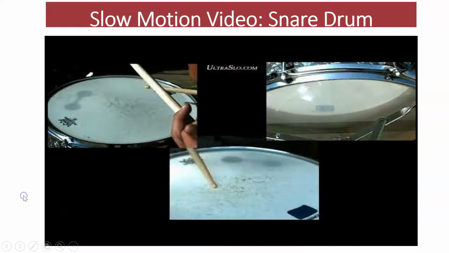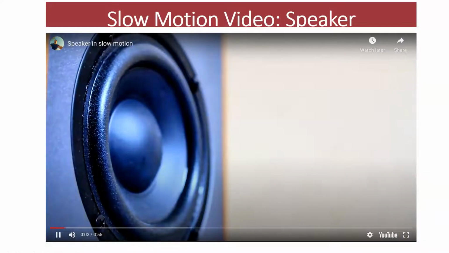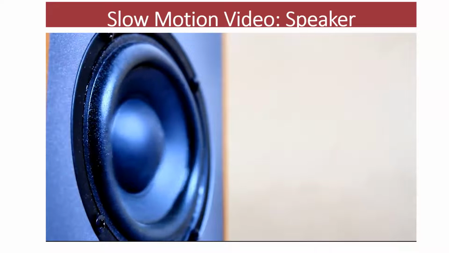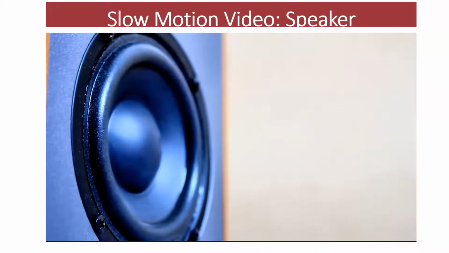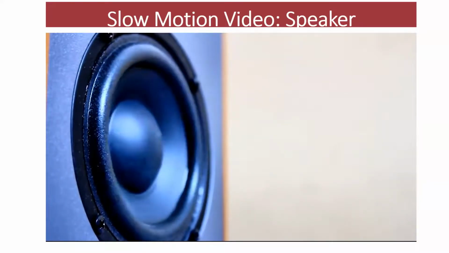I also have slow motion video of a speaker, like the one in the truck. Here, take a look. What do you see as it's actually producing the sound? What pattern do you notice?